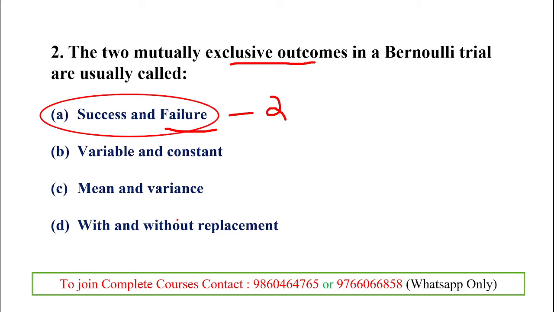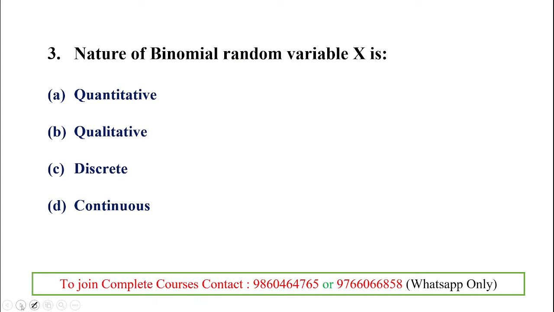Then the next question: the nature of the binomial random variable x. So the binomial random variable, whether it is quantitative or qualitative, or discrete or continuous. Here the binomial says about discrete distribution or discrete data. The data is fixed here because, as one example, the probability of getting a success must remain the same for all the trials.